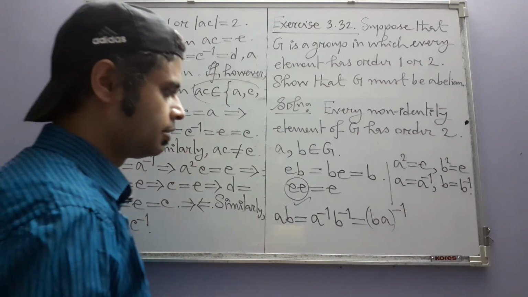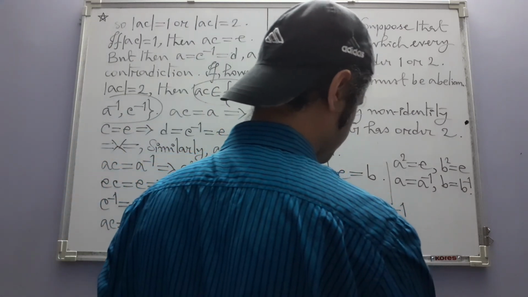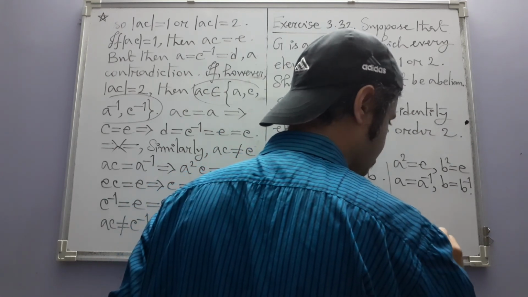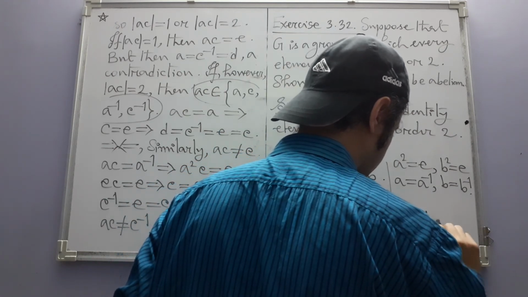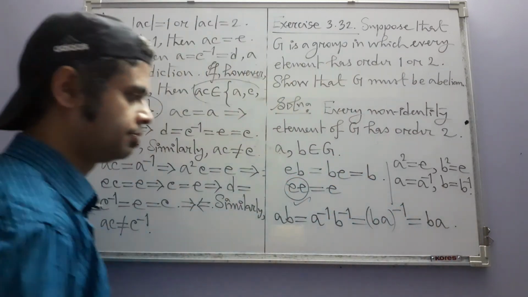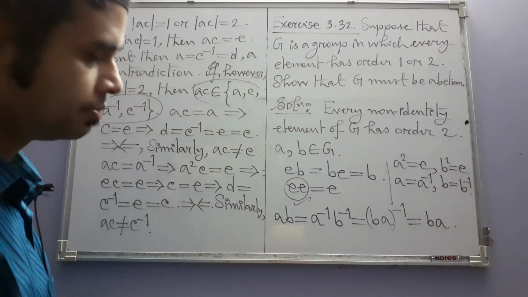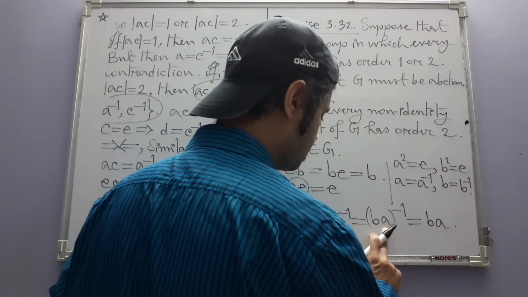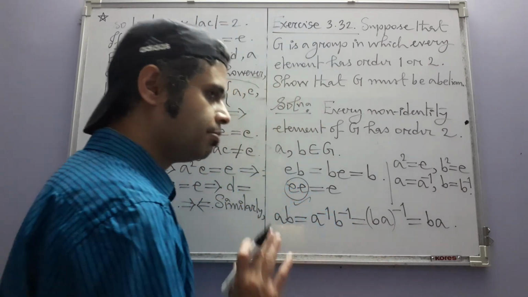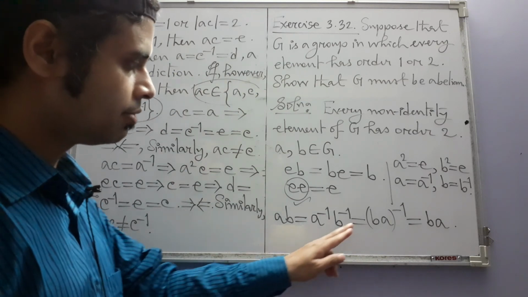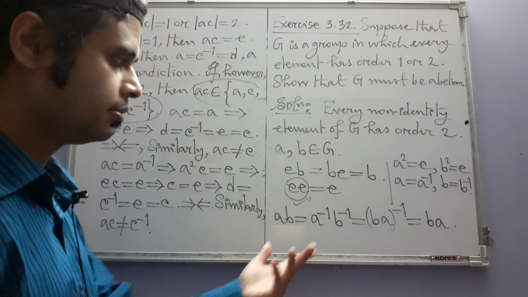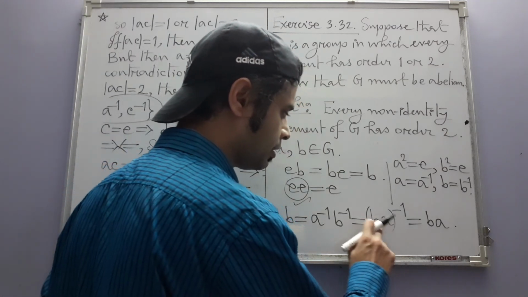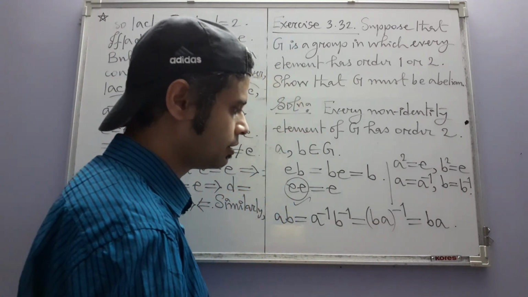Okay. Now what I am going to write here is BA. You will ask why, and the answer is that this BA may itself be identity. Even when A and B are not identity, BA can be identity, and that will happen precisely when B and A are inverses of each other.